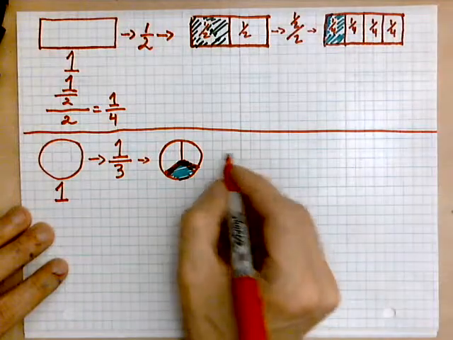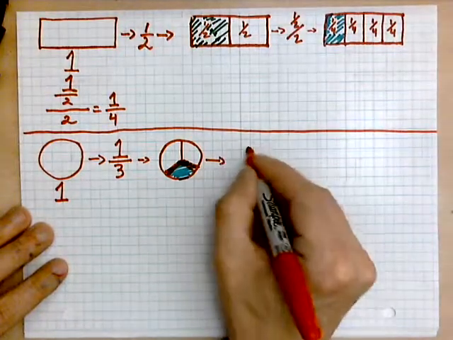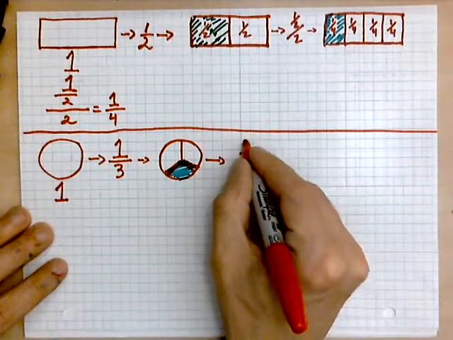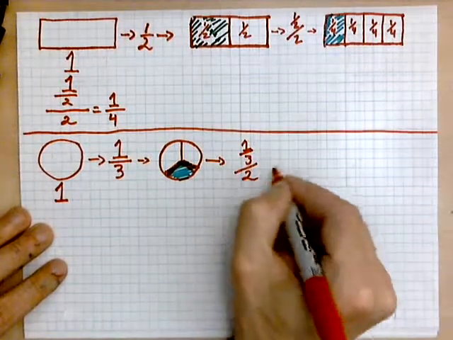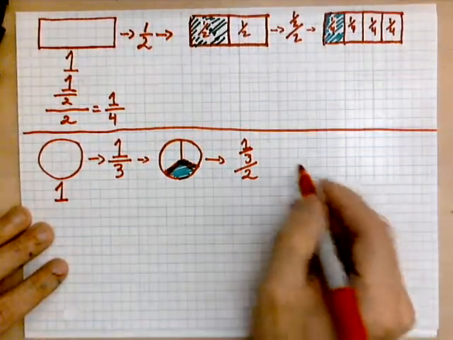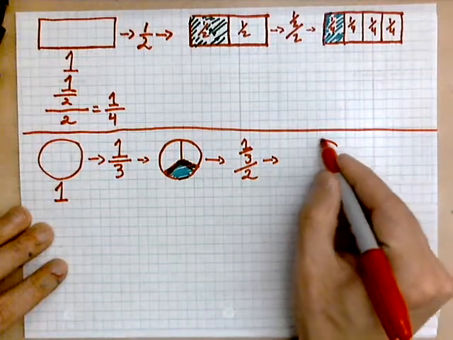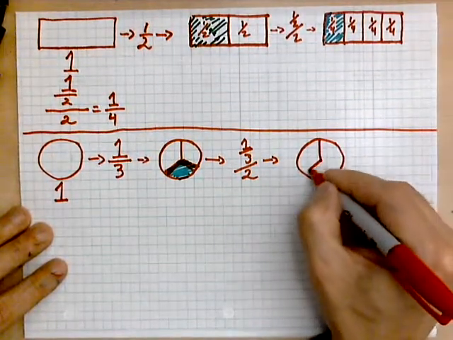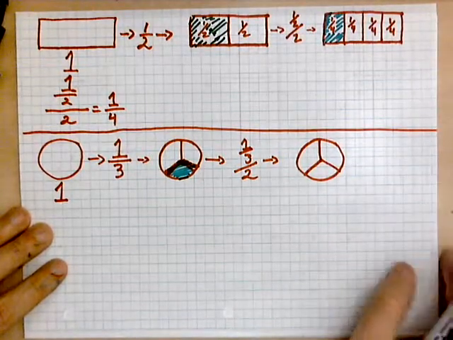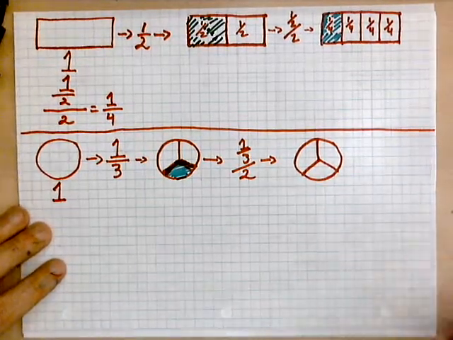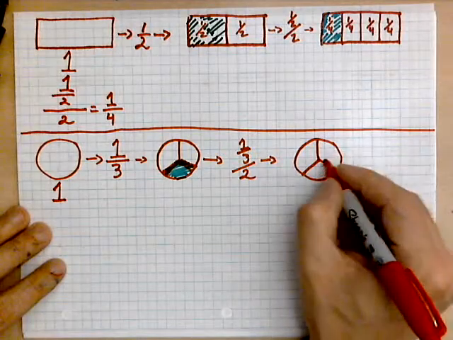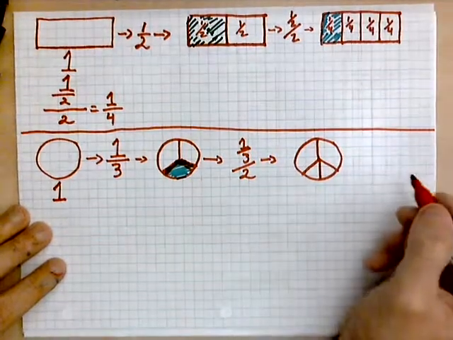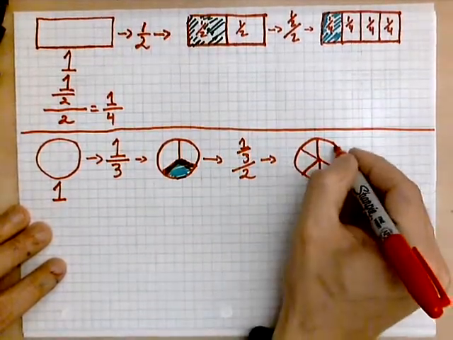And now the next step, what we will do is we will take our 1/3 and split that further into 2 pieces, which then means we have our pie. First we divided it into 3 equal pieces, and now we are taking each piece and dividing it further still, so to speak. Okay, see this?